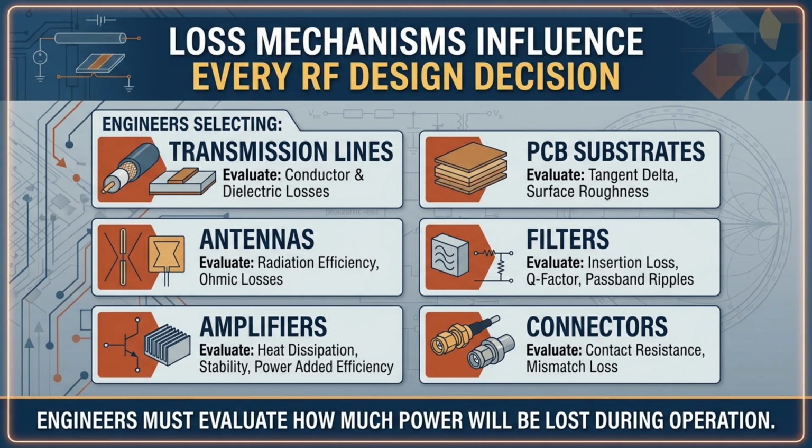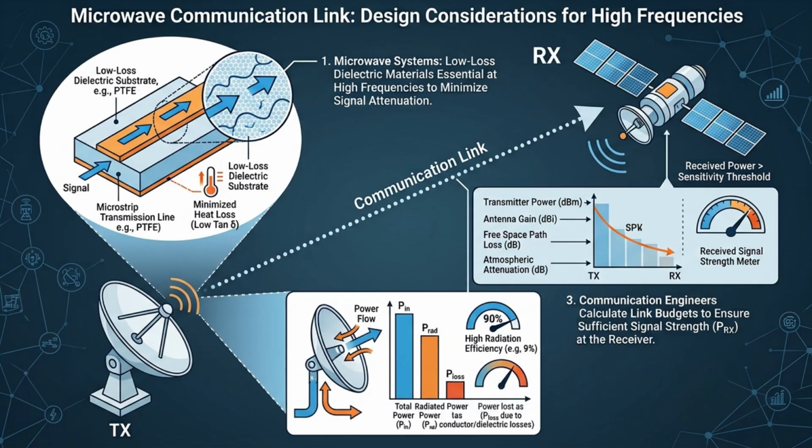Loss mechanisms influence every RF design decision. Engineers selecting transmission lines, PCB substrates, antennas, filters, amplifiers, and connectors must evaluate how much power will be lost during operation. For example, microwave systems often use low-loss dielectric materials because even small losses become significant at high frequencies.